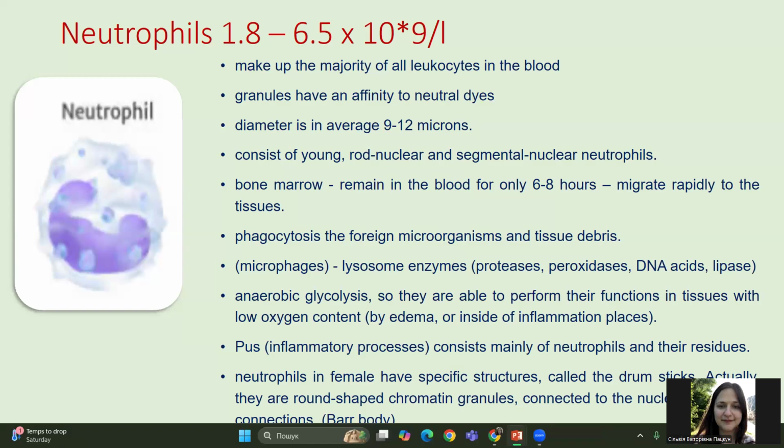Pus consists of neutrophils and their residues. Due to this, in case of bacterial infection, there will be activation of neutrophils. They will provide phagocytosis and, as a result, formation of pus. Neutrophils in females have specific structures called drumsticks. Actually, they are round-shaped chromatin granules connected to the nucleus, and they are called Barr body.